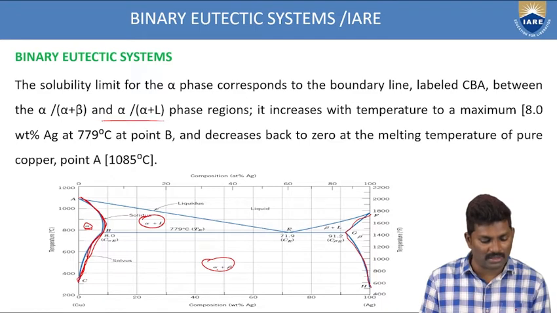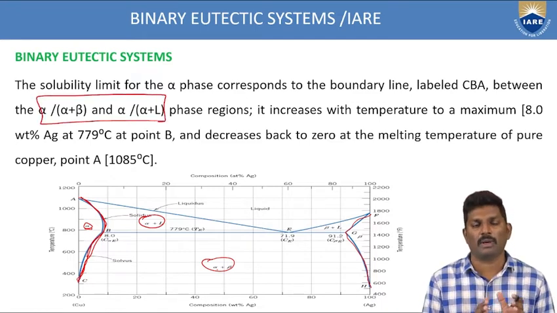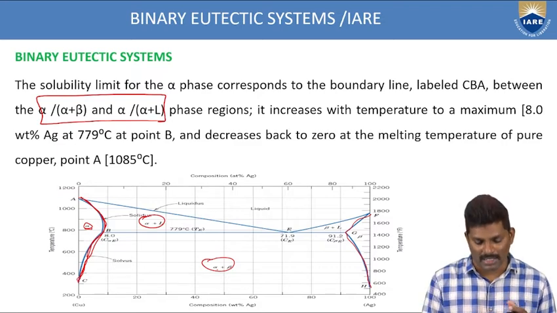The same thing we are representing here. This ABC boundary is lying between these three phases: alpha, alpha plus beta and alpha plus L.